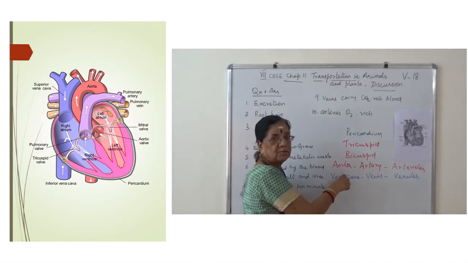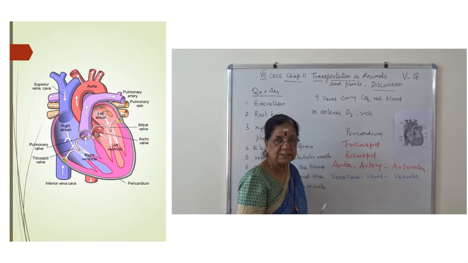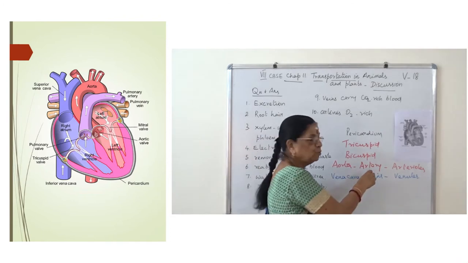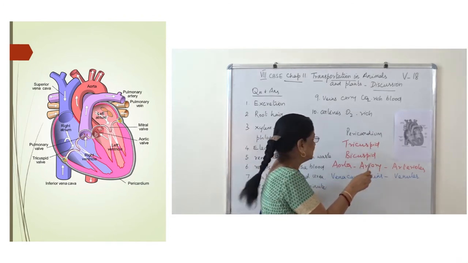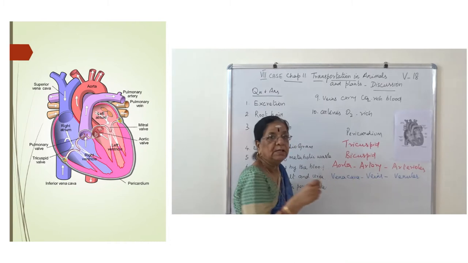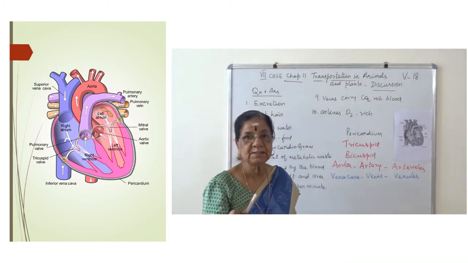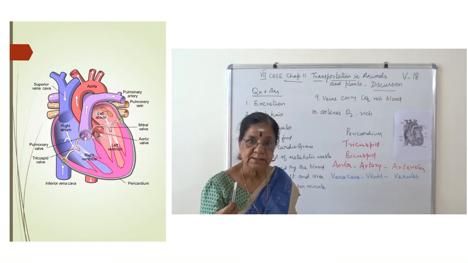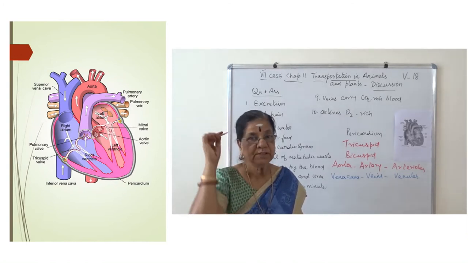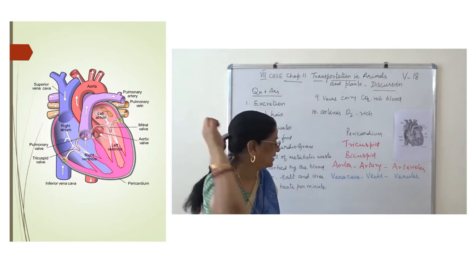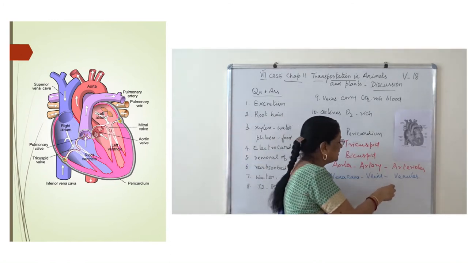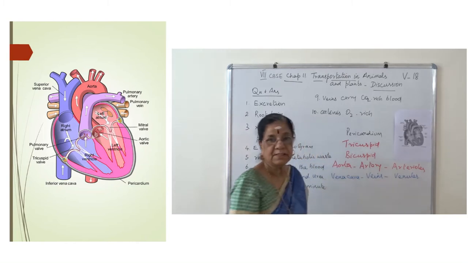Now, the aorta distributes oxygenated blood or pure blood to various parts of the body through the arteries. In the same way, the vena cava collects carbon dioxide rich blood, impure or deoxygenated blood, from various parts of the body, and it is collected by the veins and ends in venules.